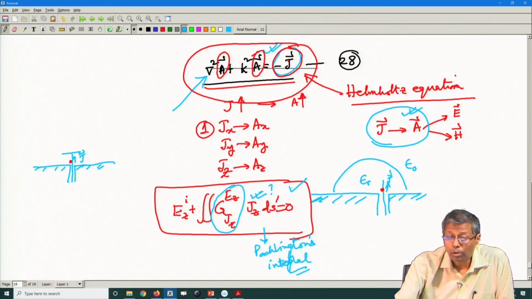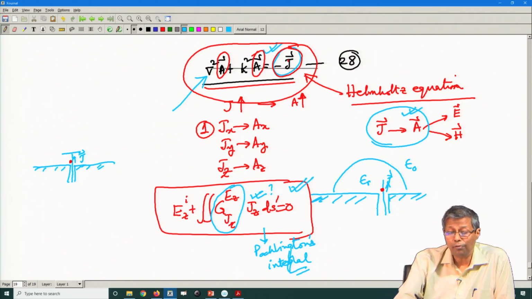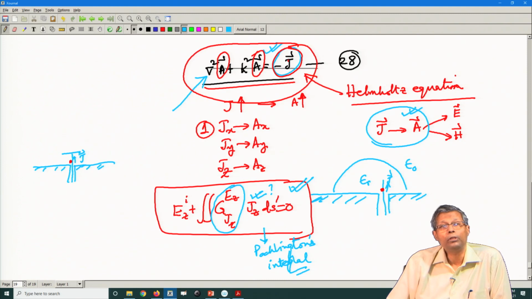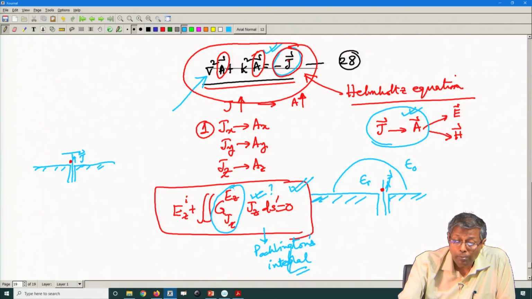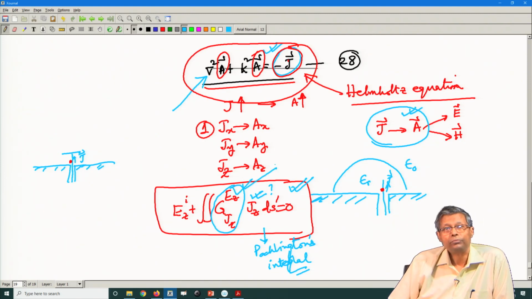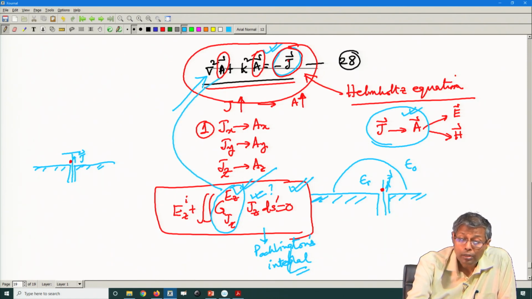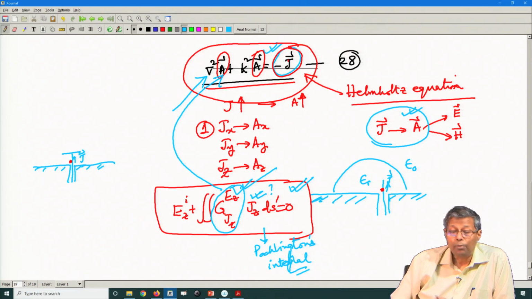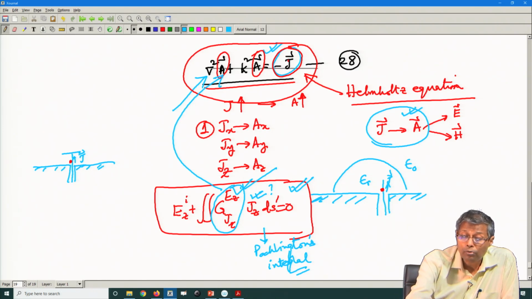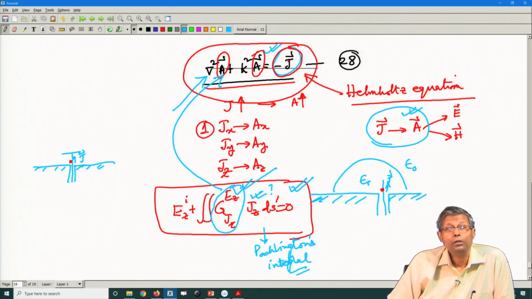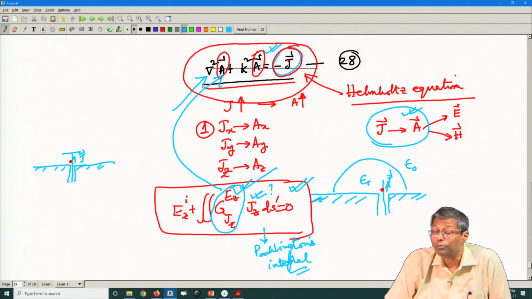This is not a major problem, because we can easily find out the value of Jz through the method of moments. The main problem is finding out the value of A, because once the value of A is found out, we can find out all the electric and magnetic fields, which we will soon see.